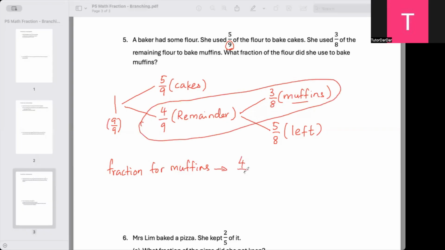So 4/9 multiplied by 3/8. So 3 divided by 3, 1. 9 divided by 3, 3. 4 divided by 4, 1. 8 divided by 4, 2. So now what do we get? 3 times 2, 6. 1 times 1, 1. So the answer is 1/6.